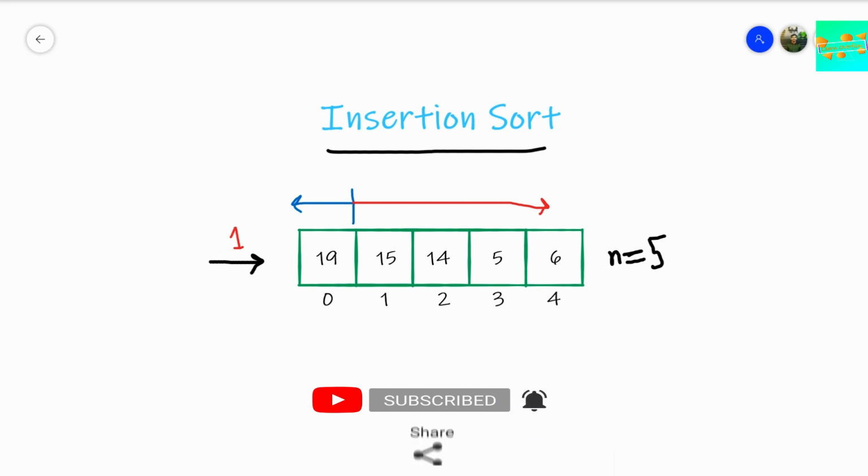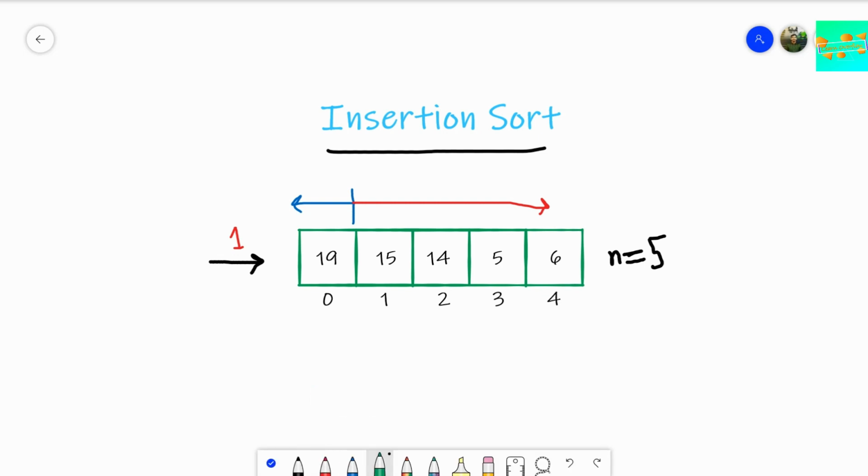So this is a completely sorted array, and this is an unsorted array. This is what we think virtually. Remember, we don't actually split our array or create a different memory location to store these two parts. We split it virtually. All right, moving on.